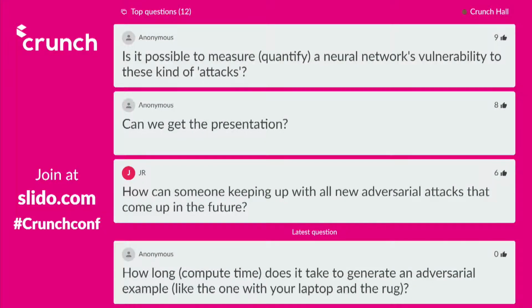That is kind of scary. Is it possible to measure, quantify a neural network's vulnerability to these kinds of attacks? It is. What metric you use is up to you. So there's, again, a lot of literature defining metrics that describe vulnerability, or on the other side, that describe robustness. It's a very mature field, so different metrics are coming up every day.